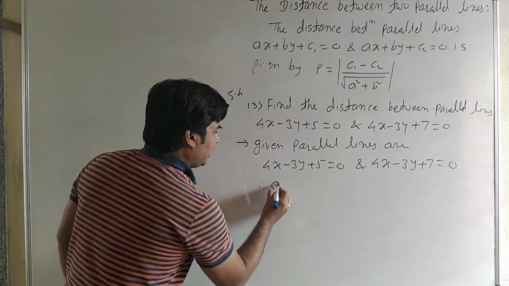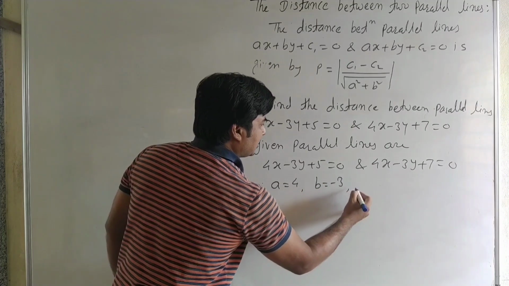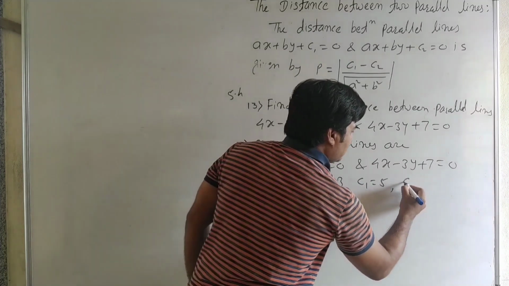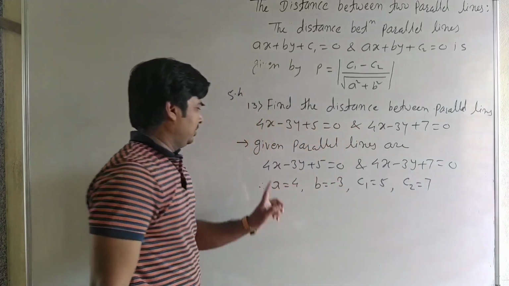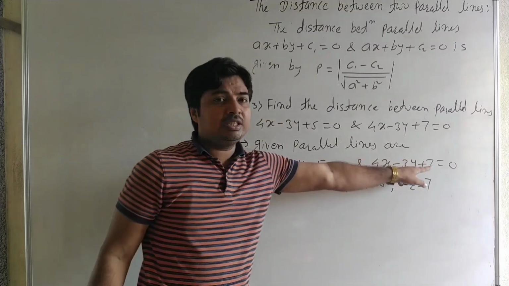Therefore, a is equal to 4, b is equal to minus 3, c1 is equal to 5 and c2 is equal to 7.